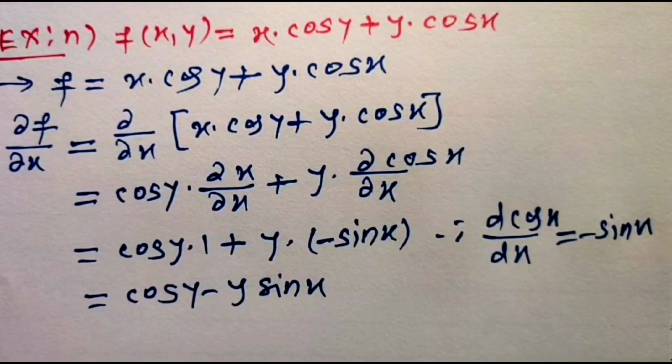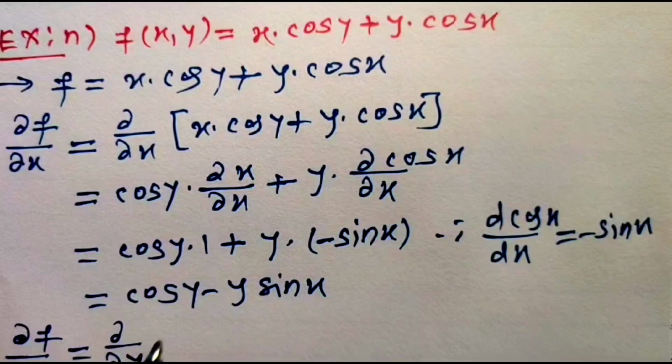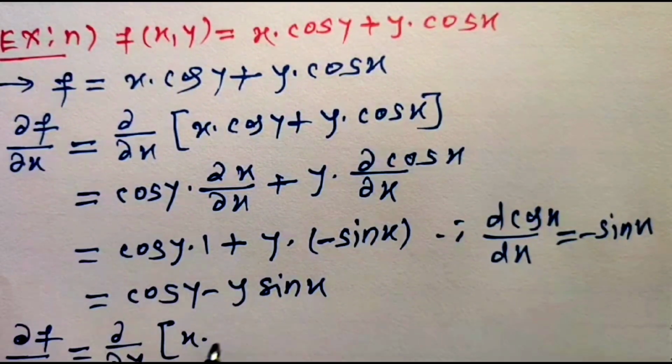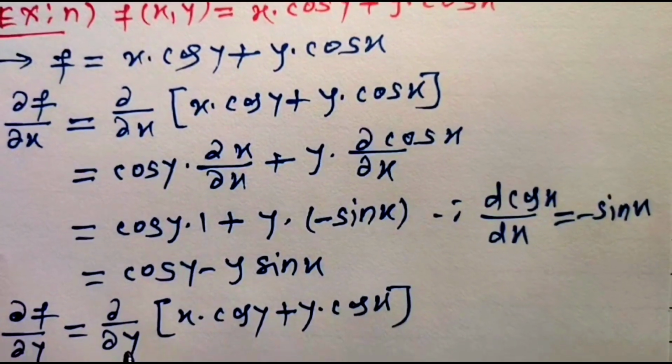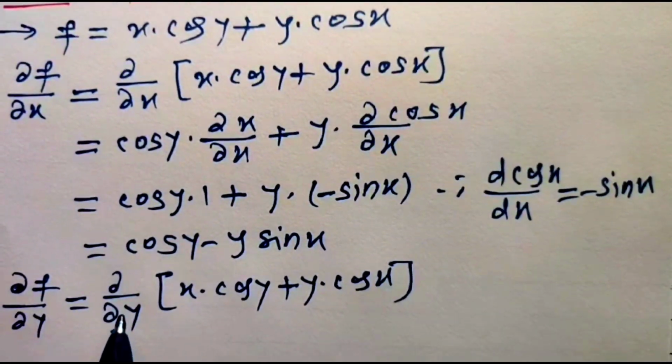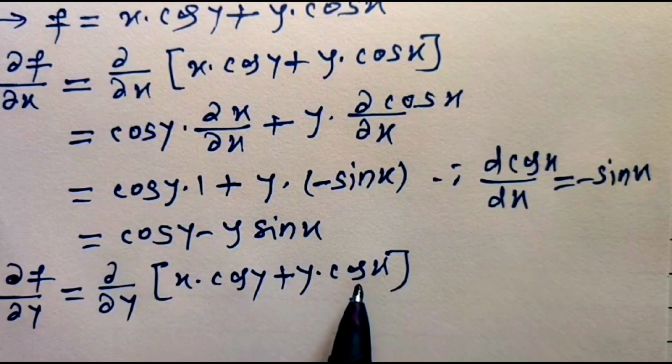Similar to this, we can differentiate f with respect to y. To find partial derivative of f with respect to y, this is equal to partial derivative with respect to y of x into cos y plus y into cos x. We are differentiating with respect to y, which means considering x as constant. So here x is a constant coefficient and here cos x is a constant coefficient.